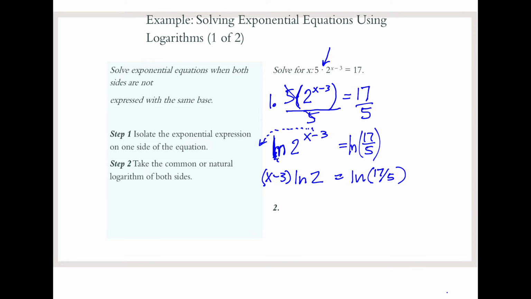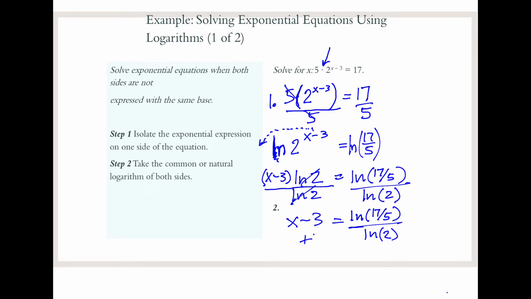And in trying to solve for x then, I could divide both sides by the ln of 2. That cancels this over here and leaves me with x minus 3 equal to this mess here, ln of 17 fifths over ln of 2. And then finally, I need to just add 3 to both sides.